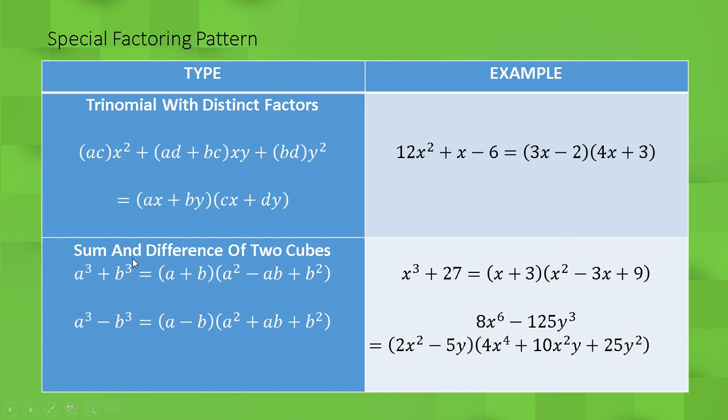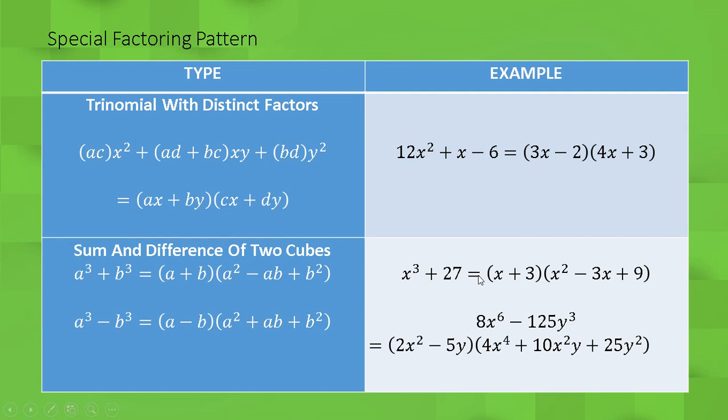Okay? We have another, sum and difference of two cubes. A cubed plus b cubed equals a plus b times a squared minus ab plus b squared. Remember that when we have this addition, the operation should be plus, minus, plus. And when we have the subtraction, we use minus, plus, plus.